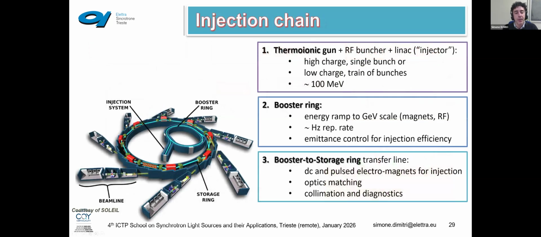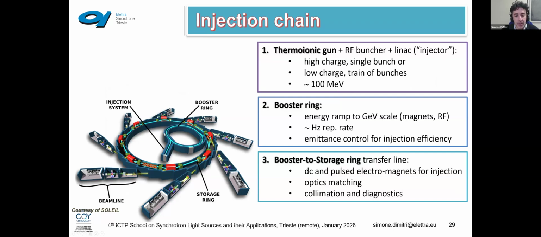Now, how to inject frequently into the synchrotron? That's done through a chain of accelerators, like the one shown here. Typically, a synchrotron light source facility is built like this. You have what is called a thermionic gun. Imagine a metallic source, a cathode, from which you extract electrons by raising the temperature of the cathode to very high values, for example tungsten or something else.